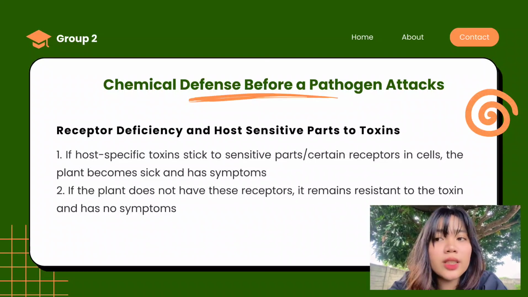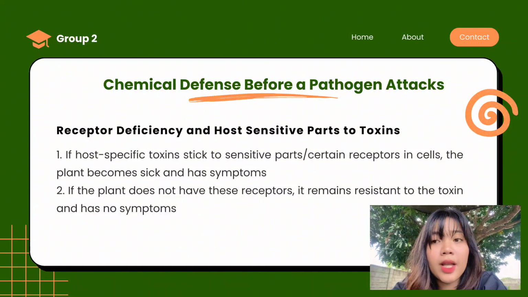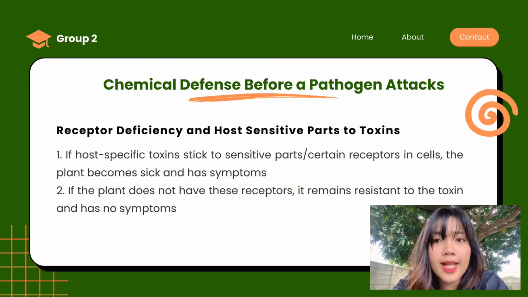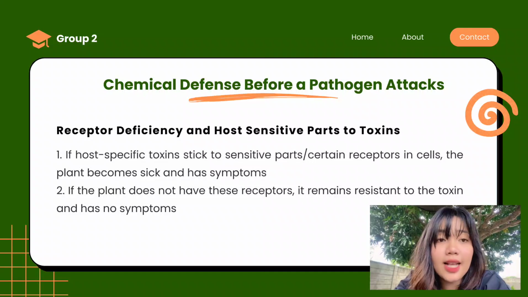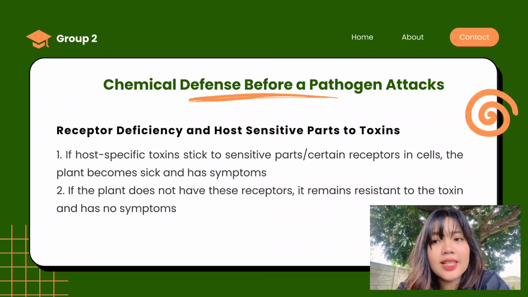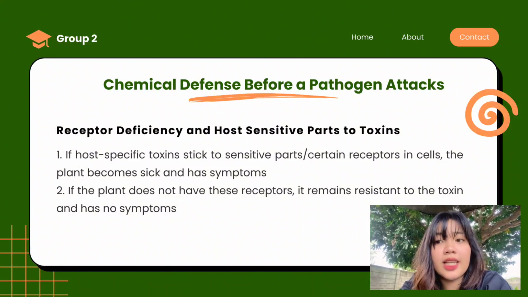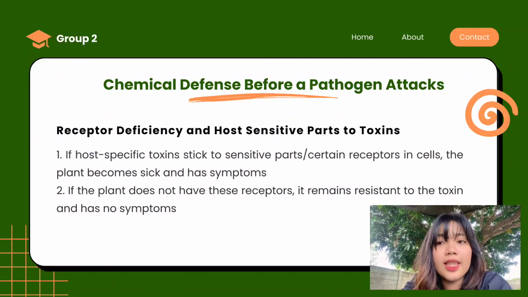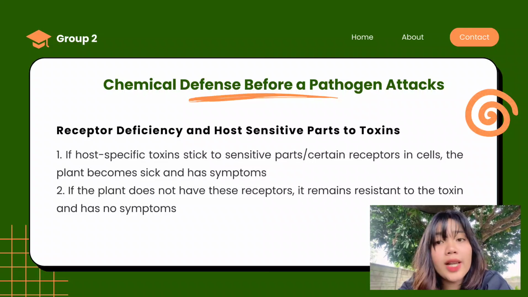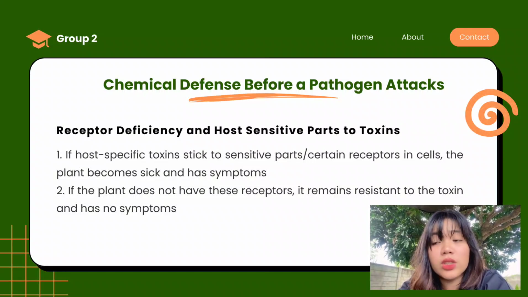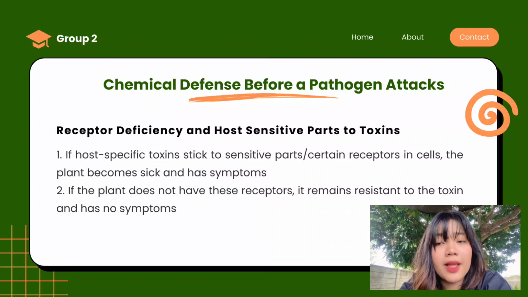So the toxin produced by the pathogens can bind to specific receptors on plants, causing harm and disease symptoms. If a plant lacks these receptors, it is resistant to the toxin and cannot be infected. The presence of a receptor acts as a key for the toxin to gain entry and cause disease, while the absence of the receptor keeps the toxin from causing harm, making the plant resistant.